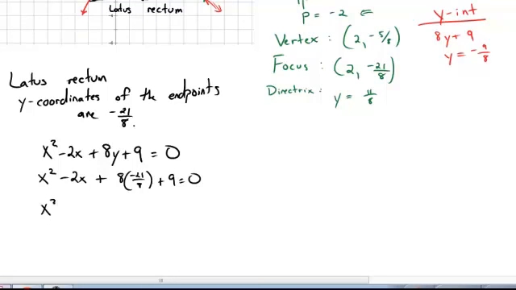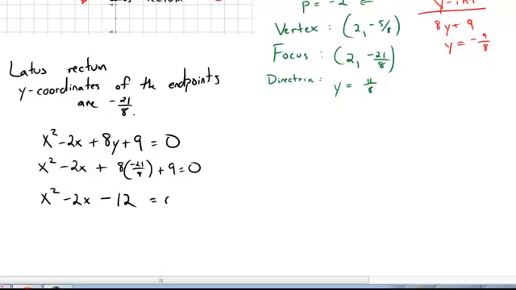So we'll go x squared minus 2x, plus, minus, looks like minus 12. And this doesn't seem to factor very easily, at least not offhand, so we'll go into the quadratic formula. x equals 2 plus or minus, and you can follow along as I go, the square root of 4 plus 48, all over 2.